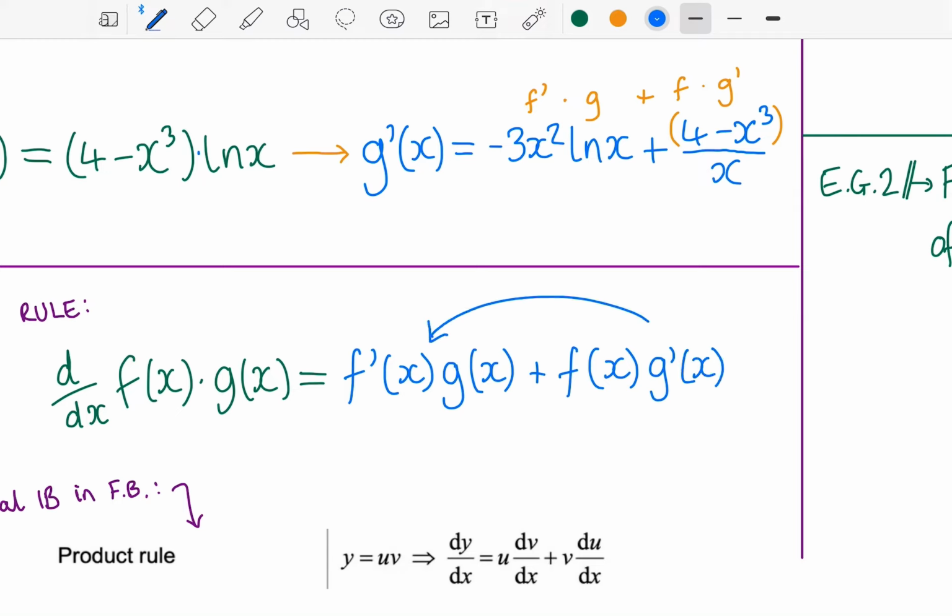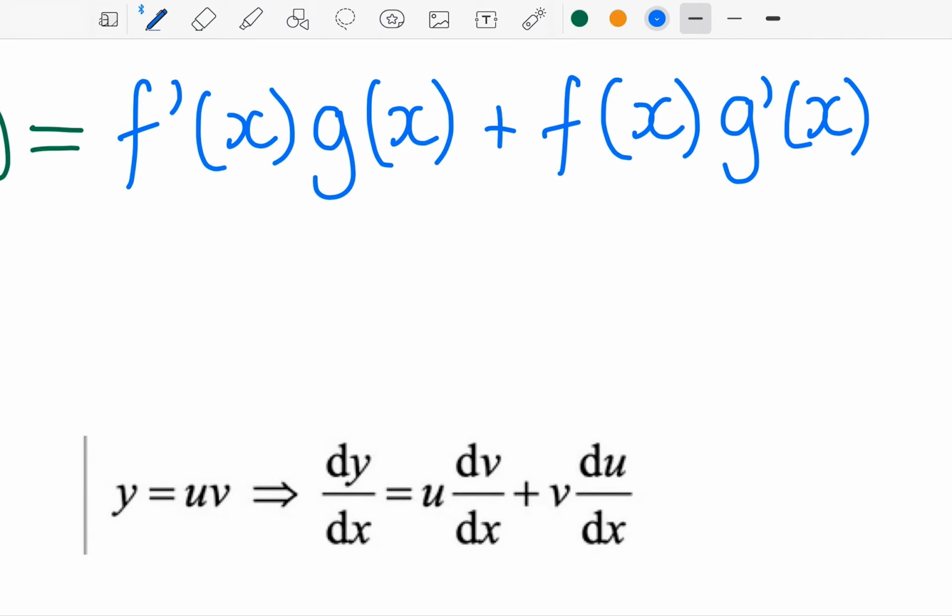You could do these the other way around as well. Obviously, with addition, you can switch the order. In the formula booklet, it's easy enough to follow. u and v are both functions of x. They have the opposite order in this one actually.